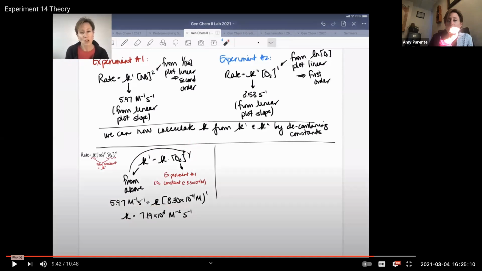All right, so I'm going to pause it here for a second. Where on your sheet it says show calculations for K, this is essentially what you should write. Okay? Show calculations for K. I'm going to give you a minute to write that, and then I want you to leave half of the space on the right side here, because there's a second calculation for K, but now we're going to be using K prime.